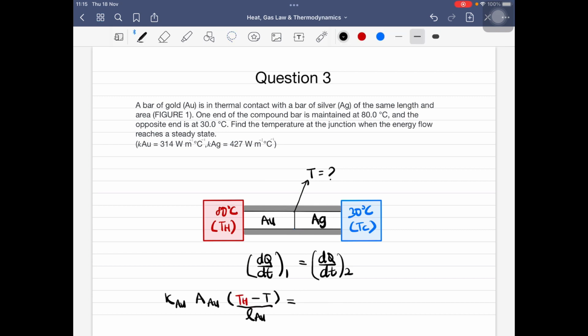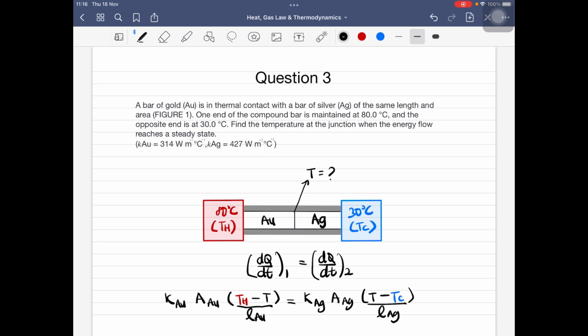On the right side, it will be silver. So we have the thermal conductivity of silver, the area of the silver, and the change in temperature, T at the junction minus T cold, which is 30 degrees, divided by the length of the silver.